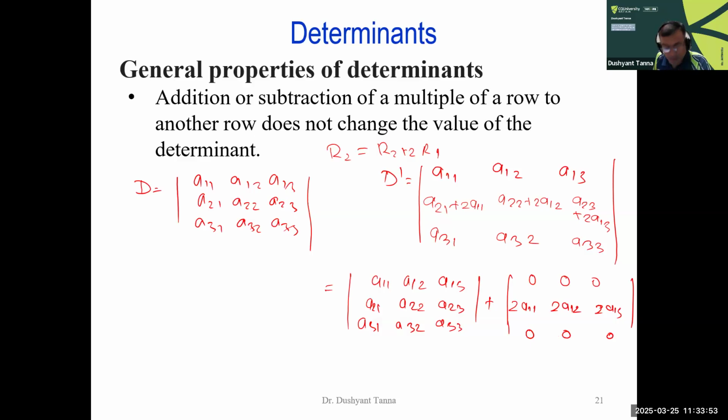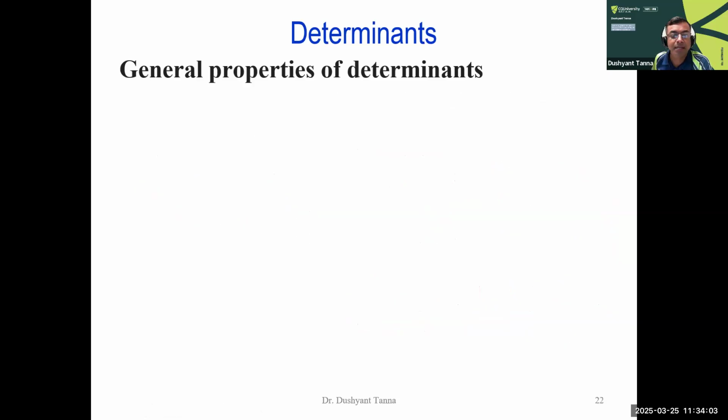You got two matrices, the row of zeros will be treated as 0, and you obtain the same determinant. Okay, simple. If you go for the numerical example, then let's go with the numerical example.